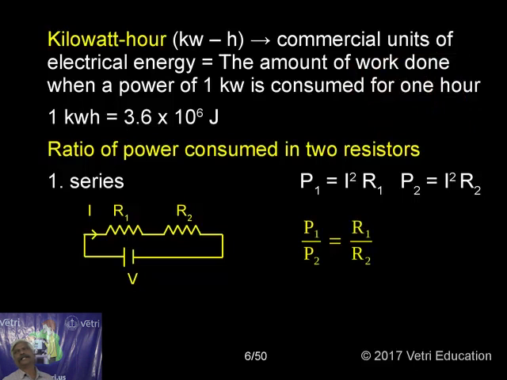What is kilowatt hour? The kilowatt hour is the commercial unit. Why are we saying commercial unit? Usually a question is asked: if the fan is running with the regulator at 1, the rotation of the fan is slower. If the regulator is increased to position 2, 3 or 4, automatically the speed of the fan will increase.